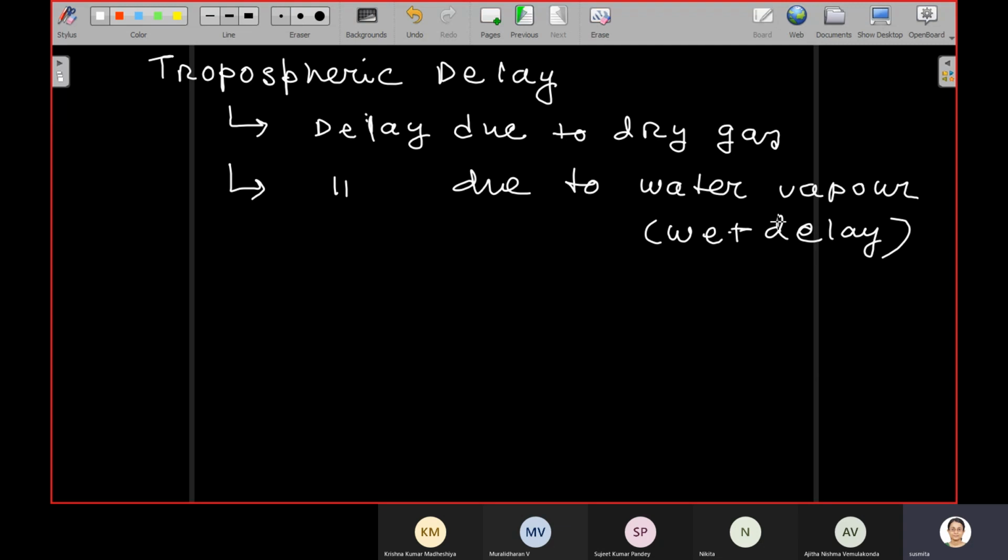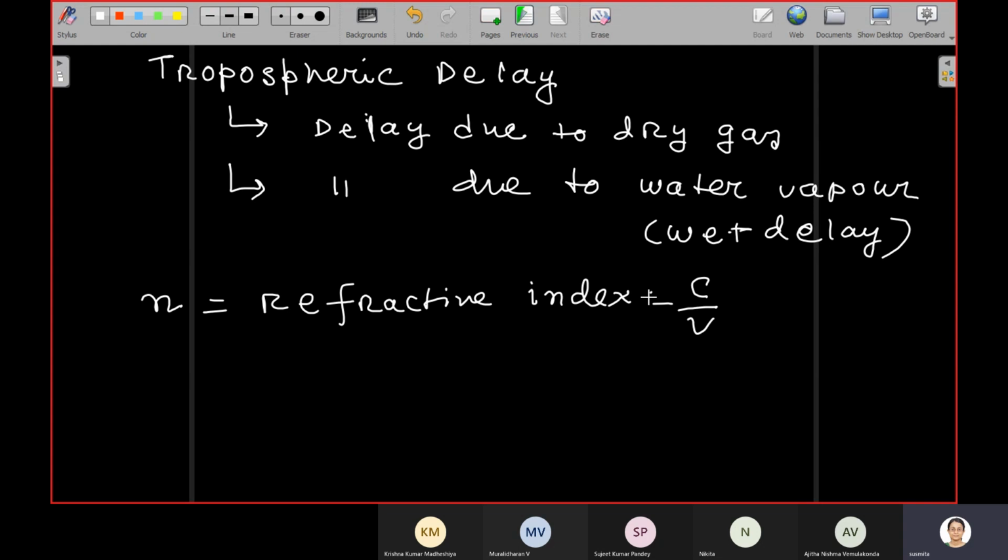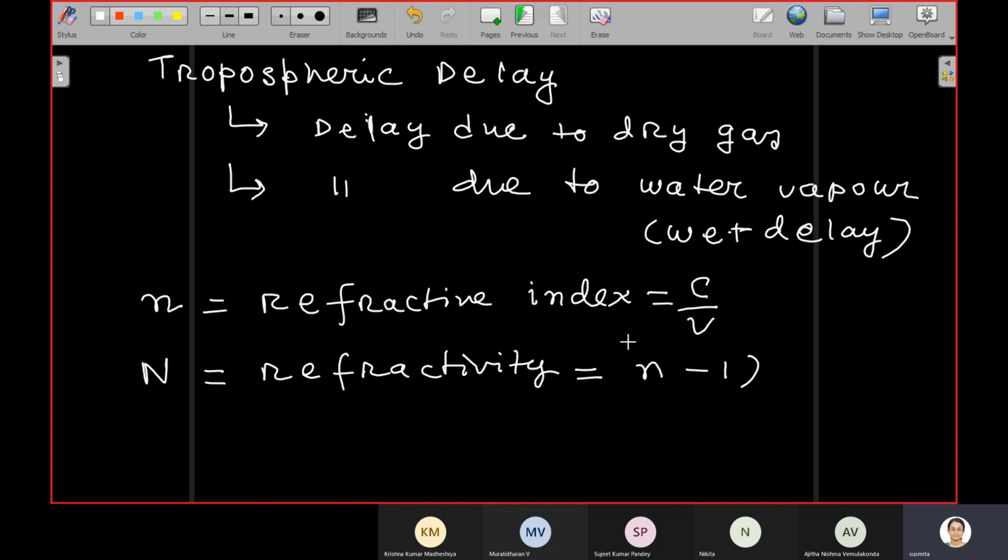Now to find the expression of the tropospheric delay, we will introduce a term called refractivity. So we know the refractive index, that is c by v. Next we introduce another term called refractivity, N, as (n minus 1) times 10 to the power 6.